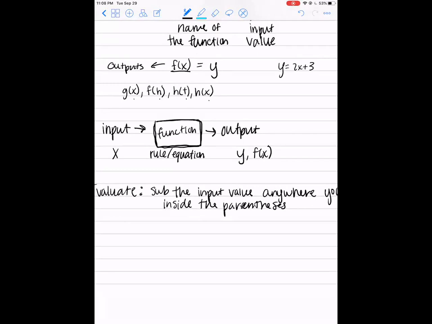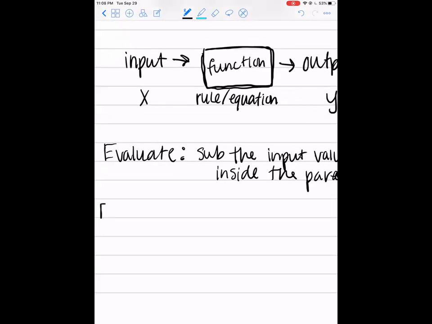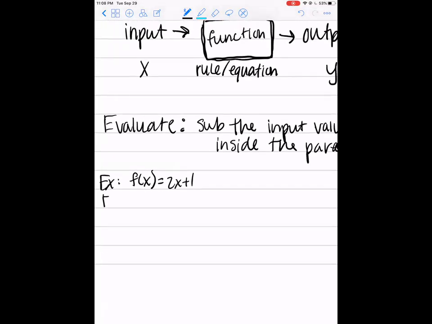So if I was given an example, we're going to do some examples. Say I was given the function f of x equals 2x plus 1, and I wanted to evaluate it for f of 3. So when I talk about evaluating, I read it as f of 3, just like how we read function notation is f of x, f of whatever's in the parentheses. That's how you say it.